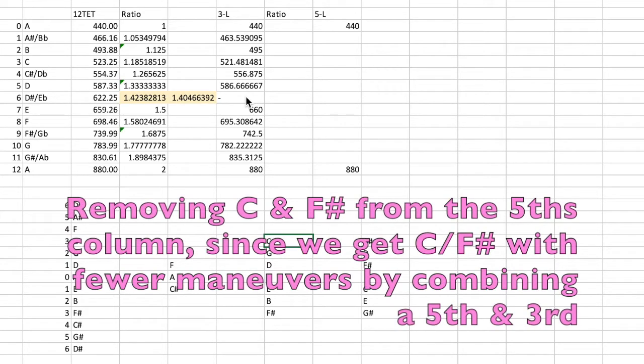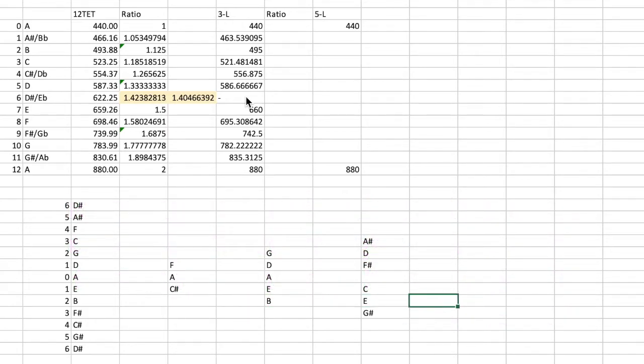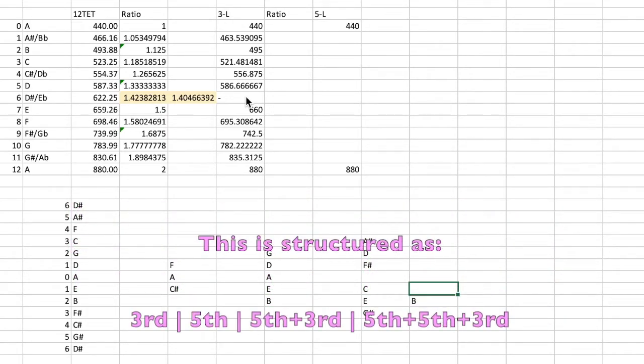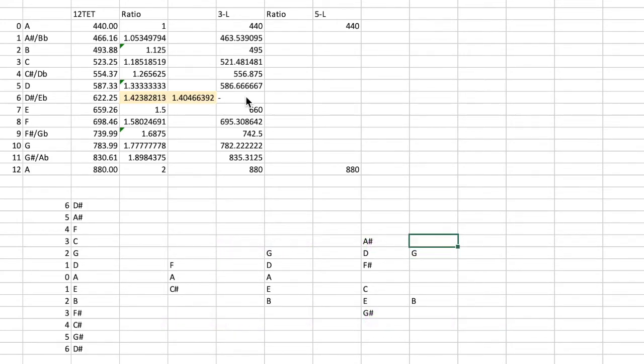But we got this, so we don't need to do 2 more fifths when we could just do 1 third. Same for this. But now we have B, we have G. So this can get us to B, which we already have, so we don't use it. And E flat, which is a D sharp, which we remember is our problem interval from last time. B can also take us to a D sharp or a G.